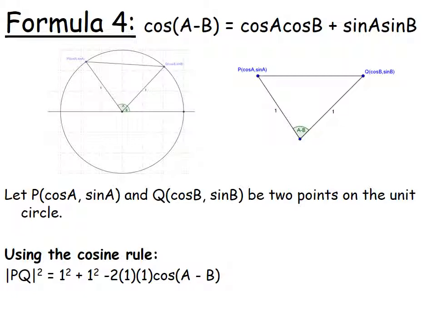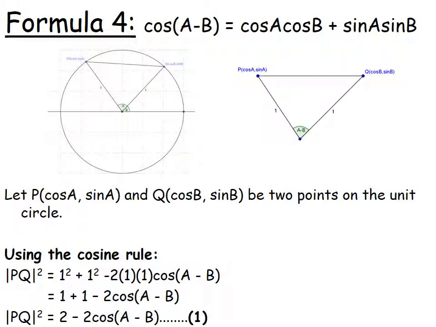So using the cosine rule, PQ squared, so this is this line here, the one opposite the angle in question, is equal to this side squared plus this side squared minus 2 times this side by this side, cos of the angle A minus B. And we tidy that up, so 1 squared is 1, 1 squared is 1, and 2 times 1 is just 2.